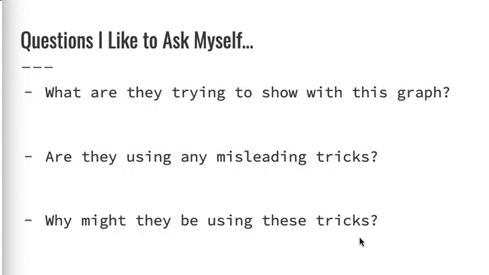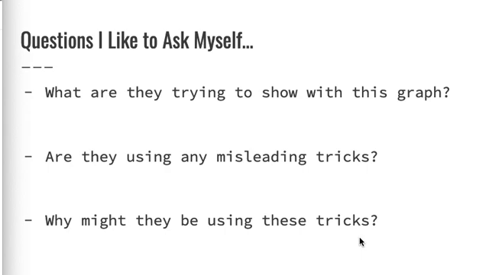Some things that I like to ask myself whenever I'm looking at a graph is, what are they trying to show? So the best way to look at that is to go and find the title, and that's usually what they're trying to represent. And then I like to see what that graph proves. So I like to check and see, okay, what are they trying to say here with this information? Then I ask myself, are they using any of these misleading tricks?